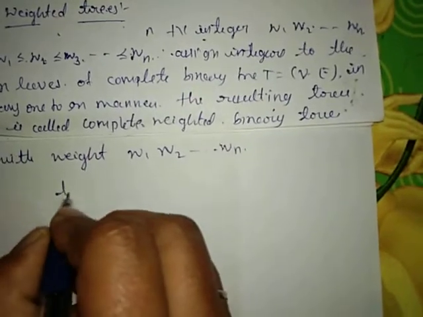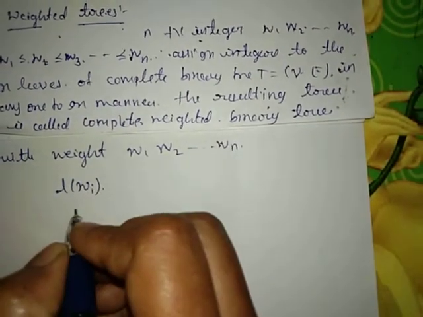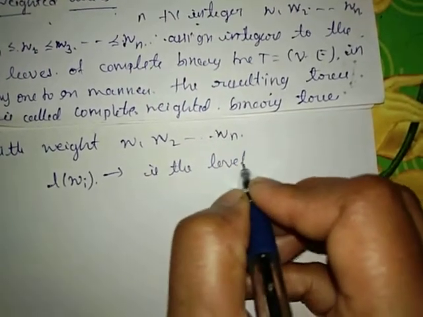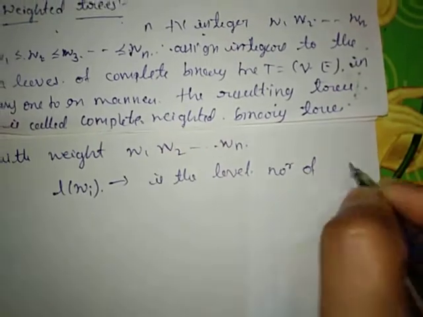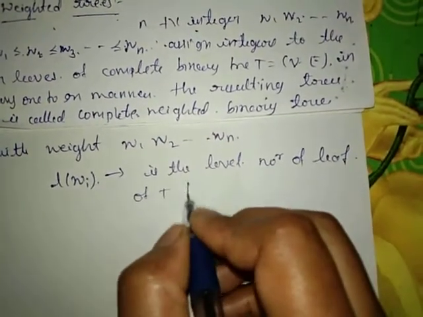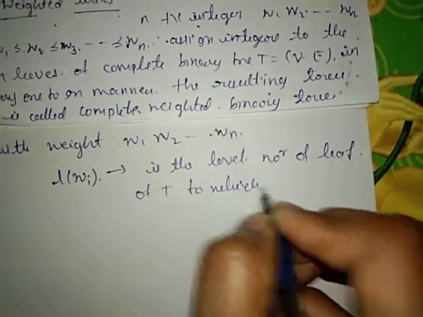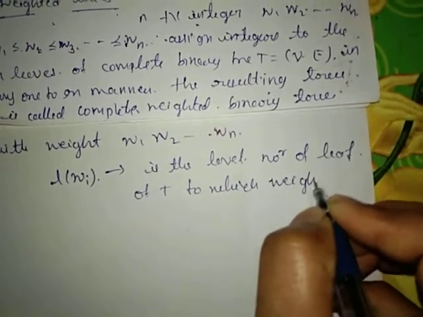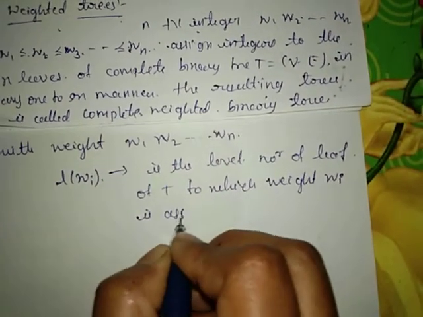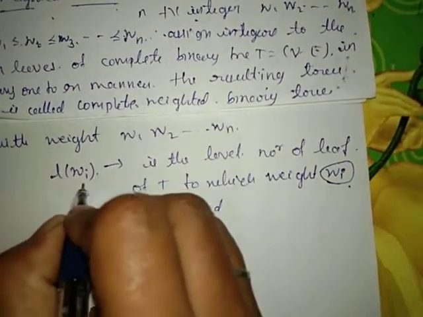Suppose L of wi is the level number of the leaf of T to which the weight wi is assigned. It means suppose there is a leaf, for that leaf we assigned a weight wi, and the level number of that wi will be L.